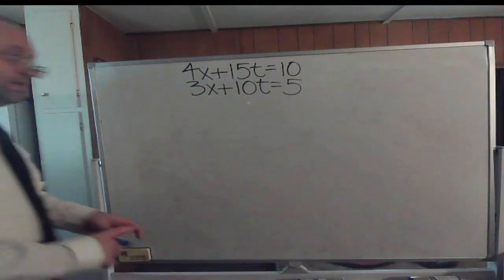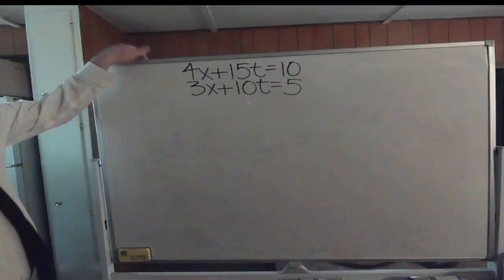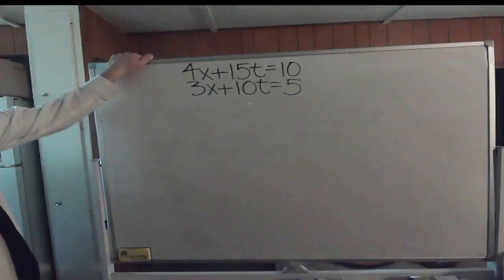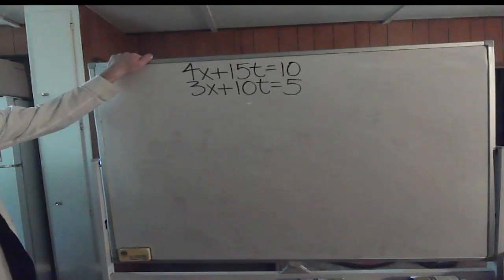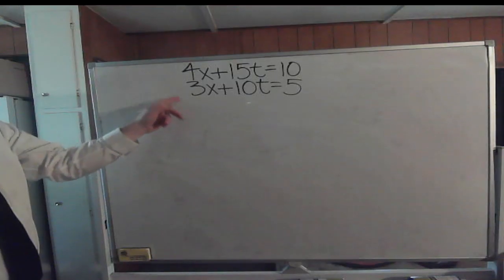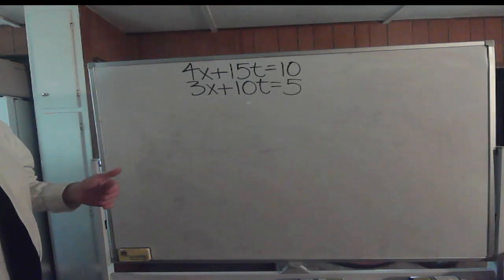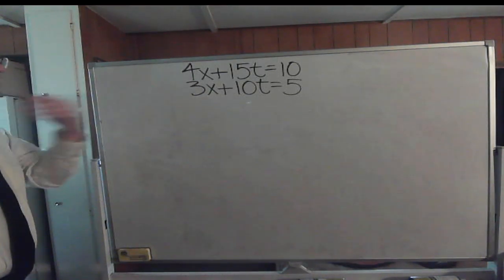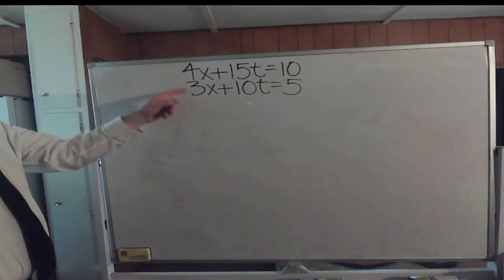We've hit a bit of a conundrum here. There's really no apparent way that's preferred to solve this. I mean, we're going to do the same process, but what I'm trying to say is it's not as simple anymore as just multiplying one of the equations and adding or subtracting. You have 4x, and then you have a 3x.